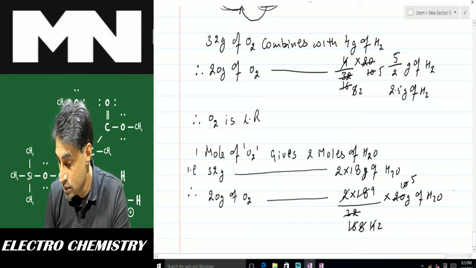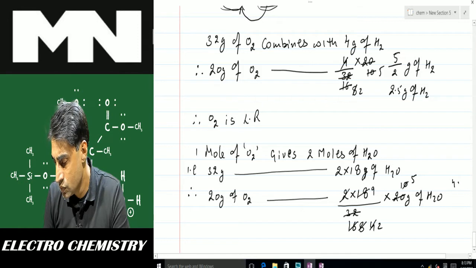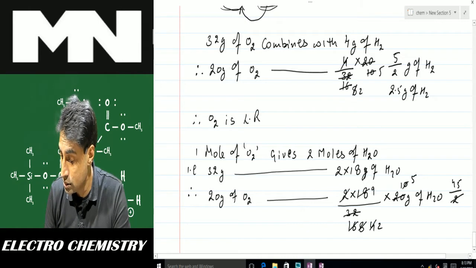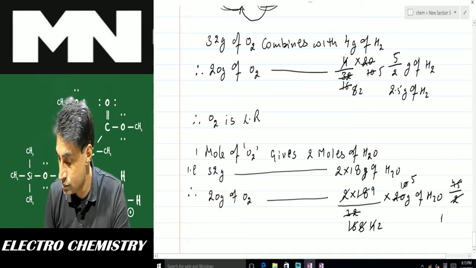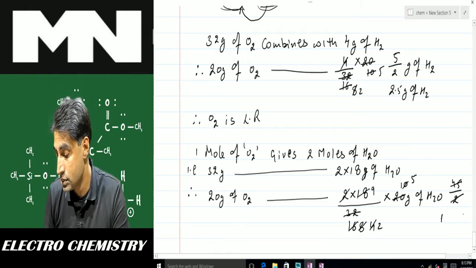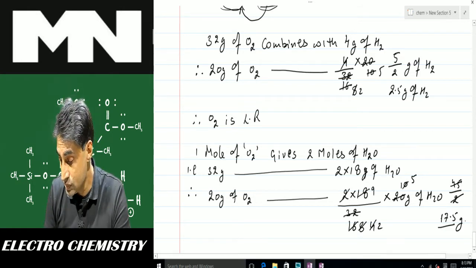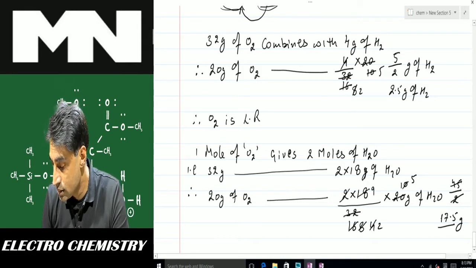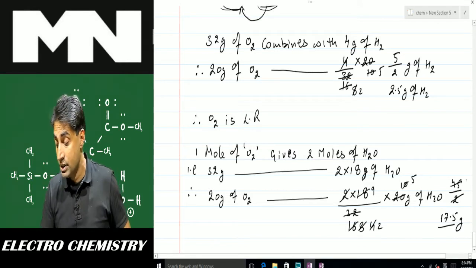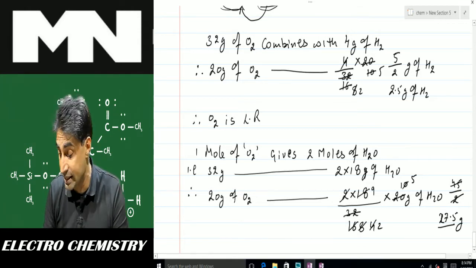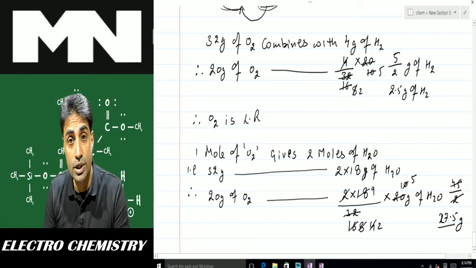That is, you can write that comes out to be 17.5 grams. I'm extremely sorry, it is not 17.5 gram. In fact, it is 27.5 gram. This is what you are getting. So this is the amount of water you will get.